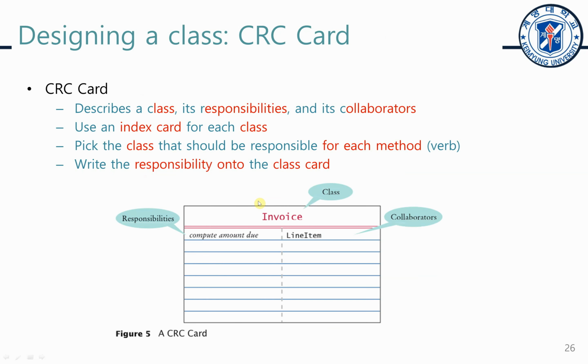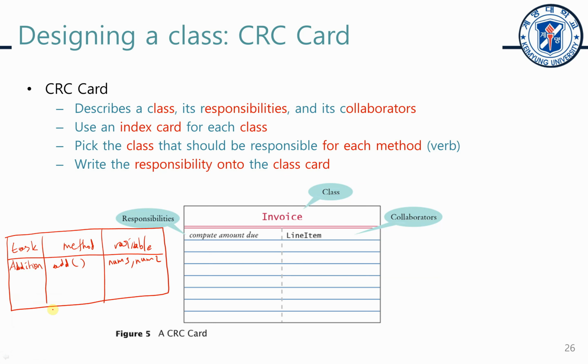So let's jump in and go to CRC cards and how we can use them in order to design a class. What is a CRC? A CRC describes a class, its responsibility, and its collaborators. If you remember our discussion, this kind of table allows us to create a class.